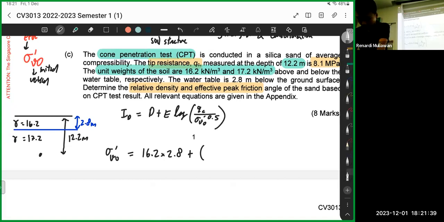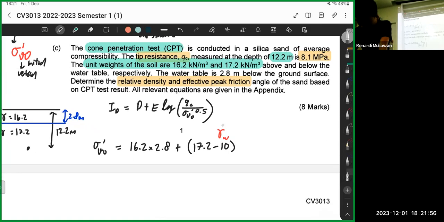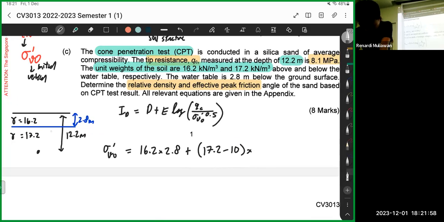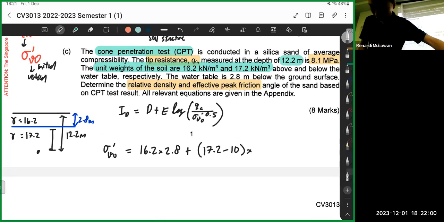So here it's 17.2 minus 10, where 10 is the gamma water, because we need to minus off the water. The top one is dry, so we don't need to minus. Multiplied by this depth, 12.2 minus 2.8, you'll get 9.4.